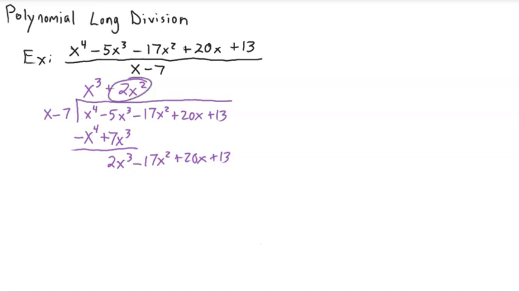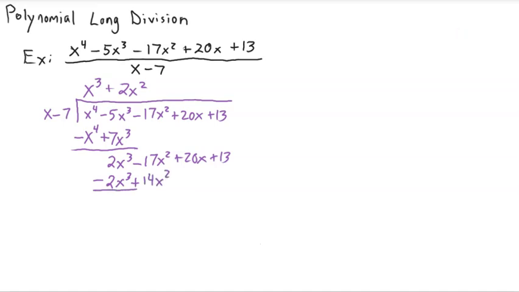Now we're going to multiply the 2x squared times x and then times negative 7. So 2x squared times x is 2x cubed. We're going to write 2x cubed, and remember, we're going to change the sign. We're going to make it negative. Okay. Now we're going to do the same thing with the negative 7. 2x squared times negative 7 is negative 14x squared, but we're going to write plus 14x squared.